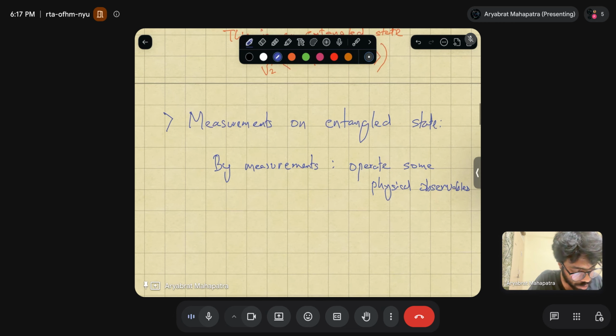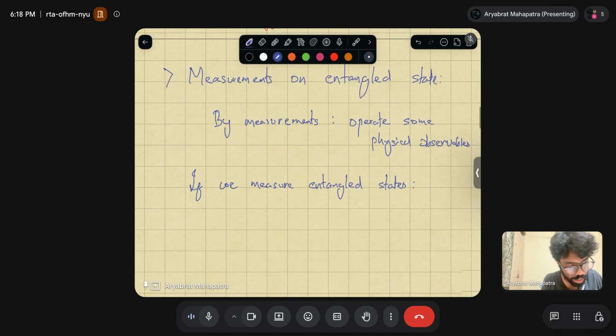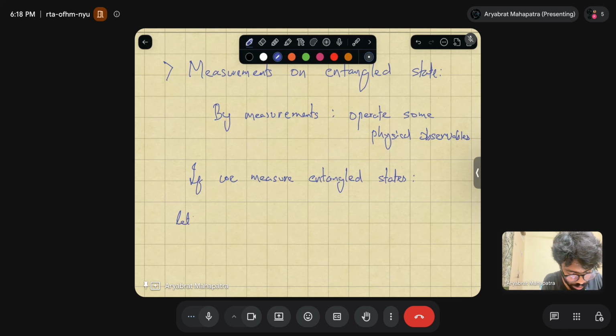So if we measure entangled states, then let's say sigma x, or let's say sigma z.